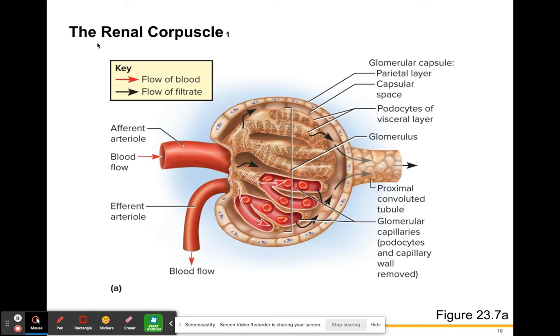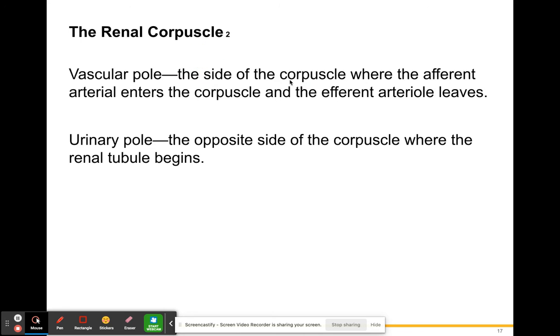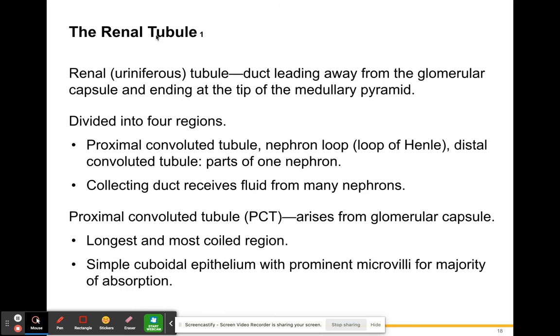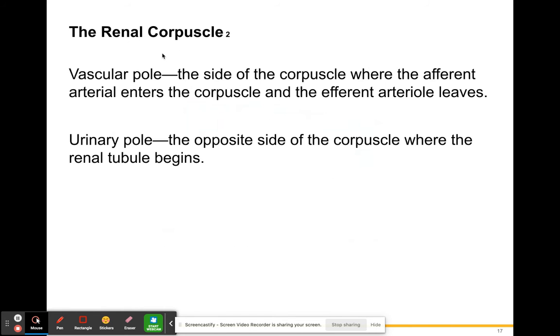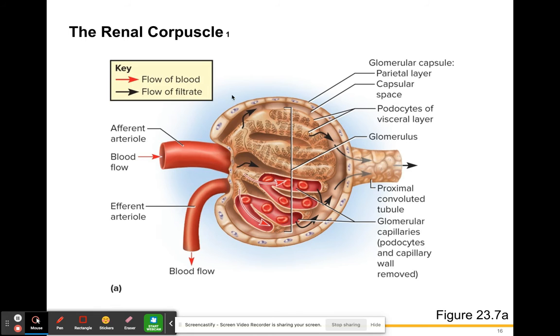So our renal corpuscle is the first major part of the nephron, and then the renal tubule is the second major portion of a nephron. So this is the corpuscle. Blood enters the corpuscle, filters out all the stuff, and then gives that to the tubule, which is going to be here at the urinary pole of the nephron.